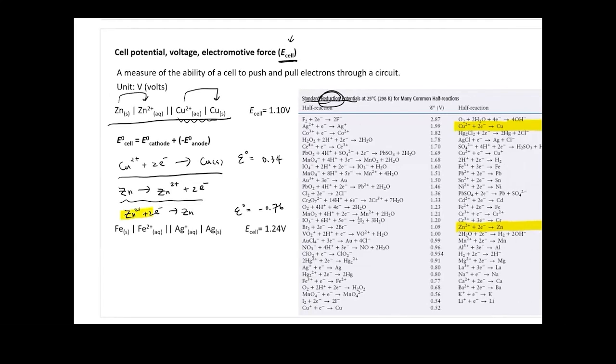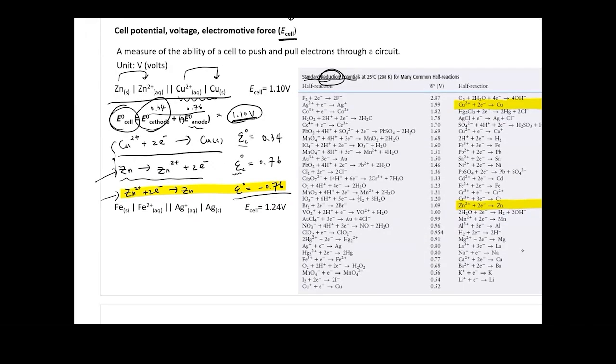But here, what you have is an oxidation reaction, so you need to flip this one. This will be 0.76. And when you have your cell, you add these two things up. So your E cathode is 0.34, your E anode is 0.76, and when you add them up, you get 1.10 volts.